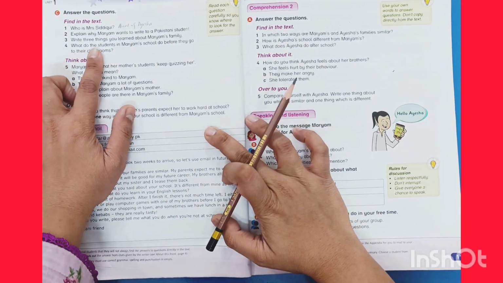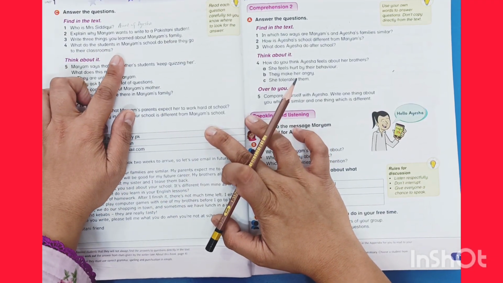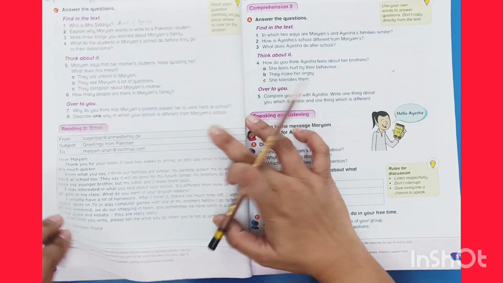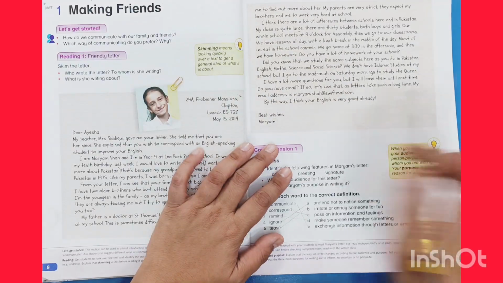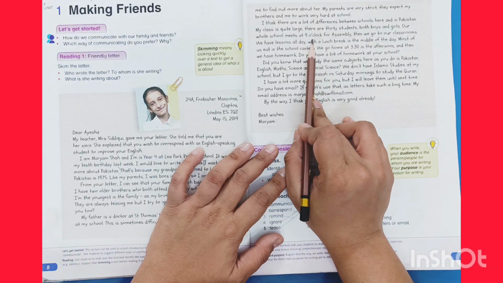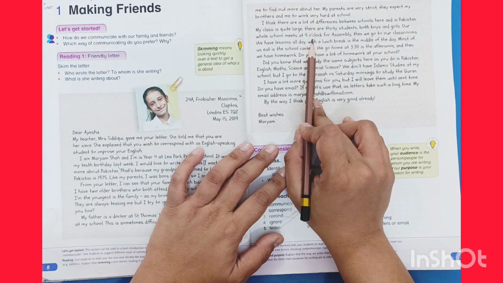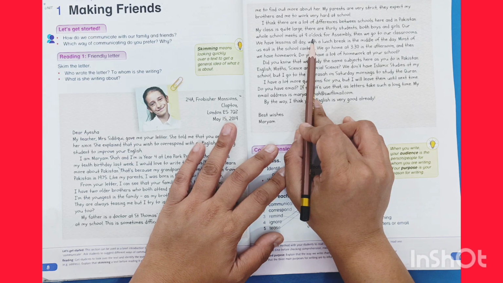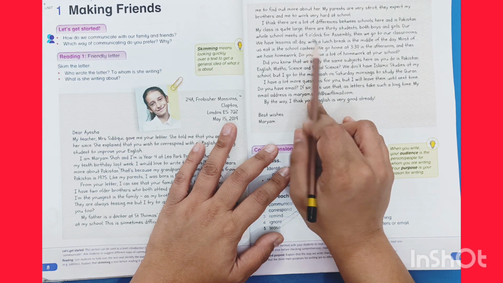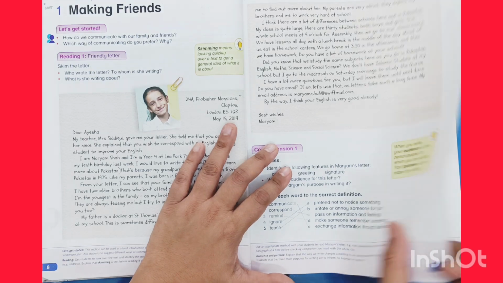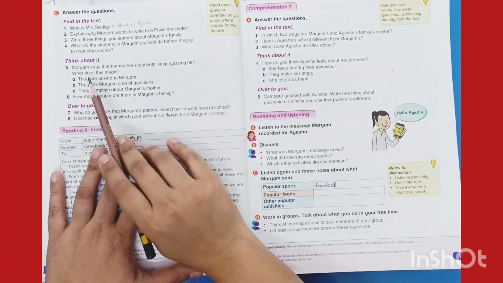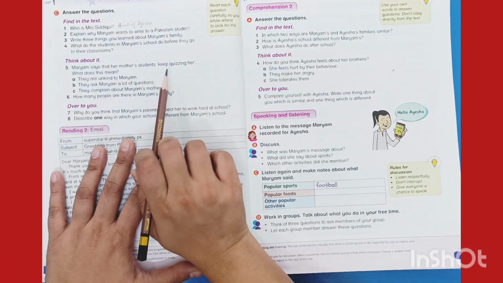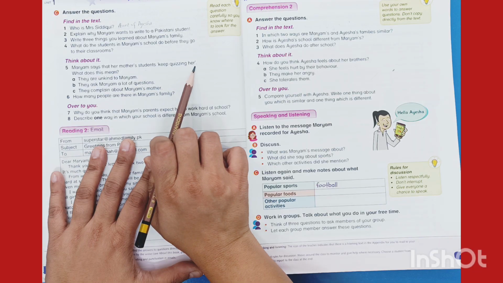All right. What do the students in Mariam's school do before they go to their classroom? They attend the assembly at 9 o'clock. Okay. As all the students in all the schools do before going to their classrooms. They attend assembly. Mariam says that her mother's students keep quizzing her.